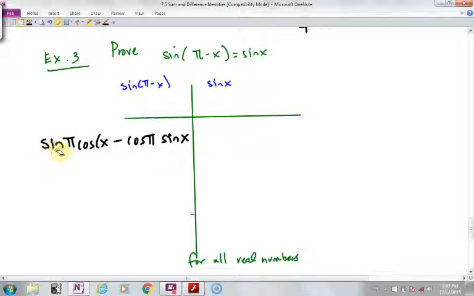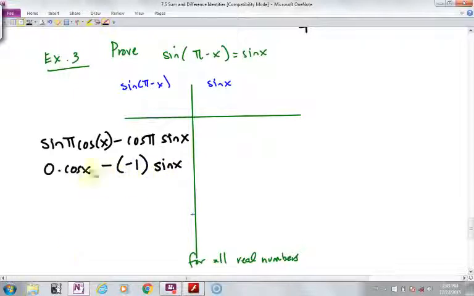Okay, how many people know what the sine of pi is? And what is it? It's 0. So I have 0 times cos x. And now what is the cosine of pi? Cosine of pi. Think about the graph of cos x. At pi, you get -1.